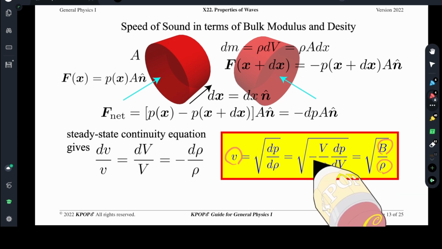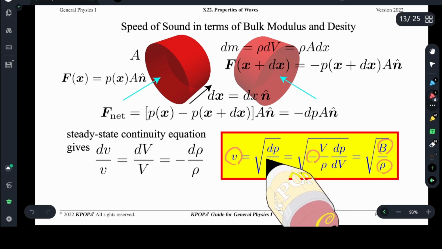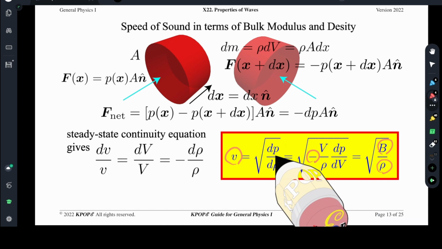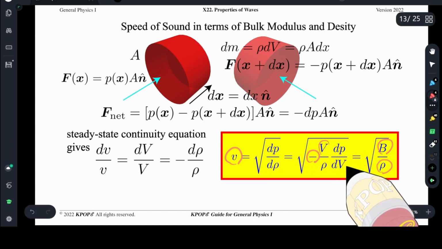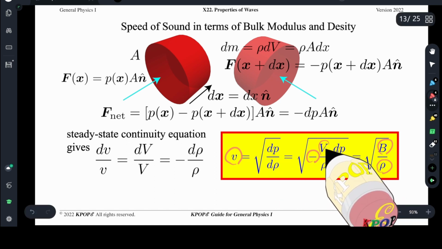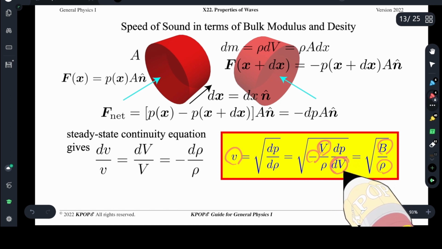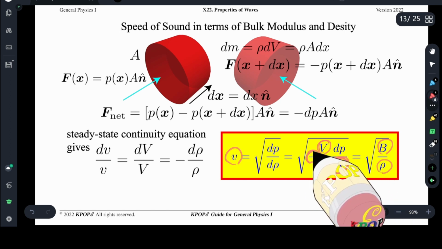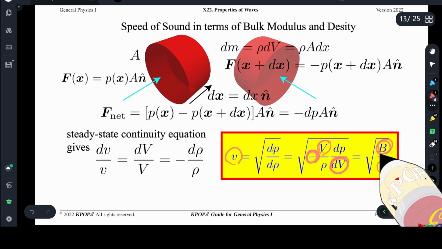And the negative sign is important. If you press down, the pressure increases, then the volume decreases. The volume is positive, but the change in volume is negative, so I have to put the negative sign on it. That is the way to define the bulk modulus of air.